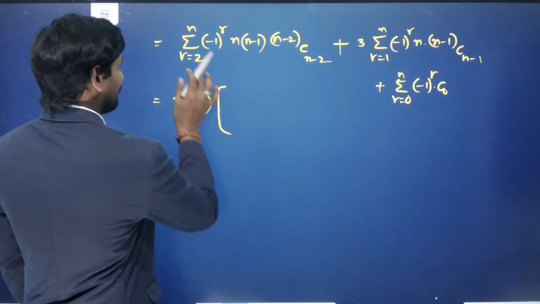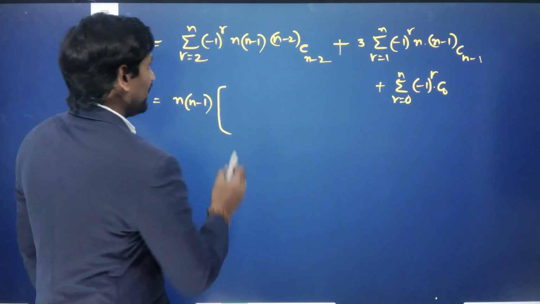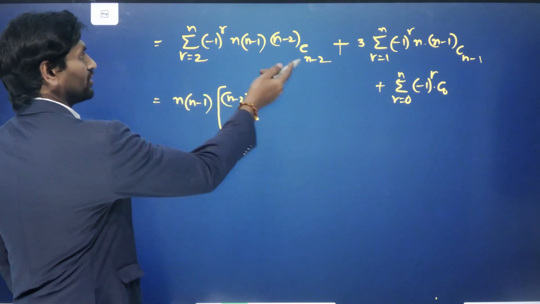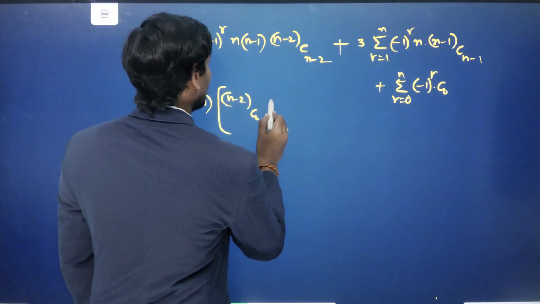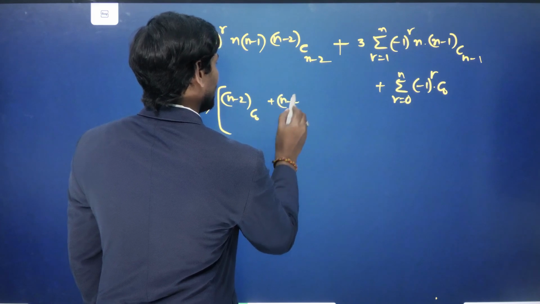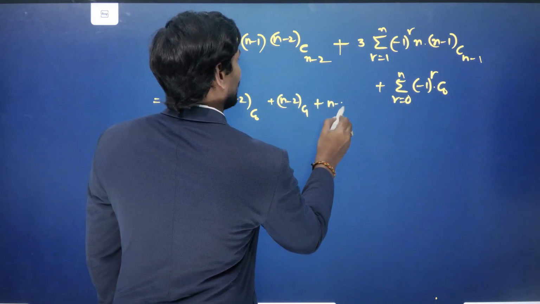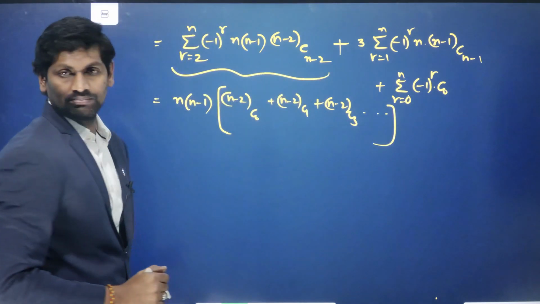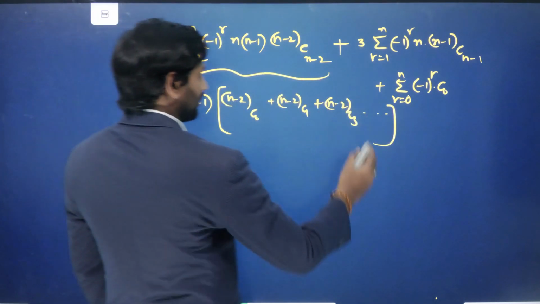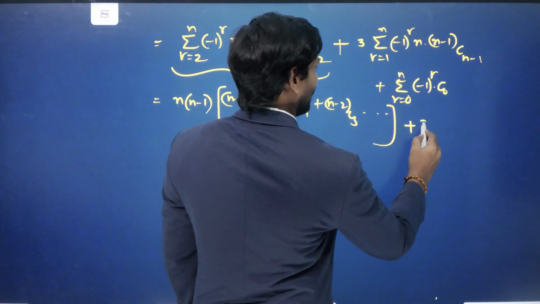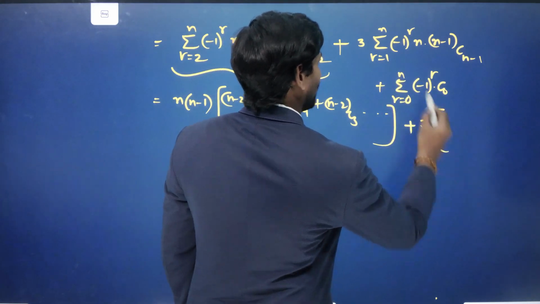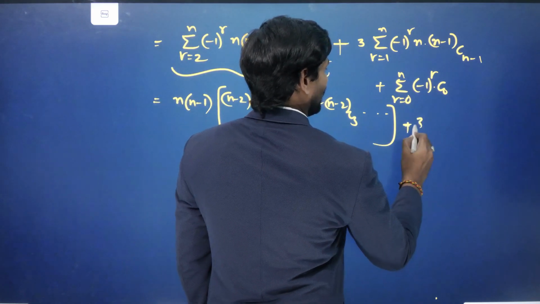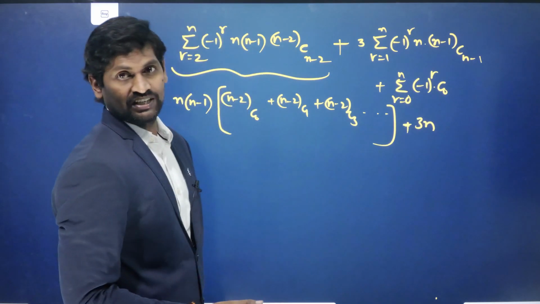Still what is remaining, sigma r equals to 2 to n, we can write nC2 C naught, that means 2 if you substitute, nC2 C naught plus n minus 2 C1 plus n minus 2 C3 and so on will come from only the first term. Okay? Next from the second term, this one 3 into, we can write this one as 3n I am taking common here. Okay? 3n I am writing here, n minus 1 into C n minus 1, no?